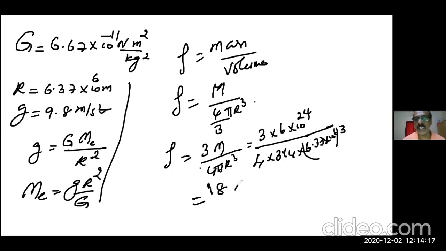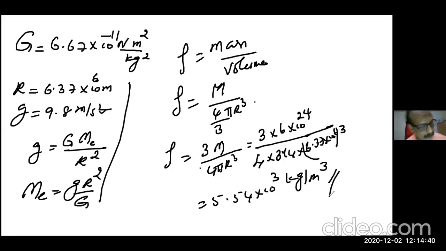Three into 6, 18, 10 to the power 24. 4 into 3.14, how much are you getting? Sir, 5.5 into 10 raised to 3. Correct, per meter cube. 5.54 into 10 to the power 3 kilogram per meter cubed. This is the answer. Okay.